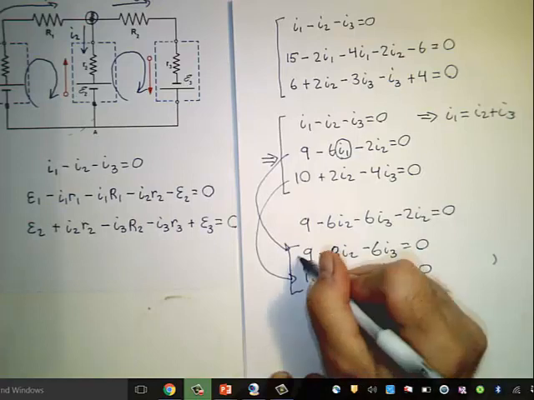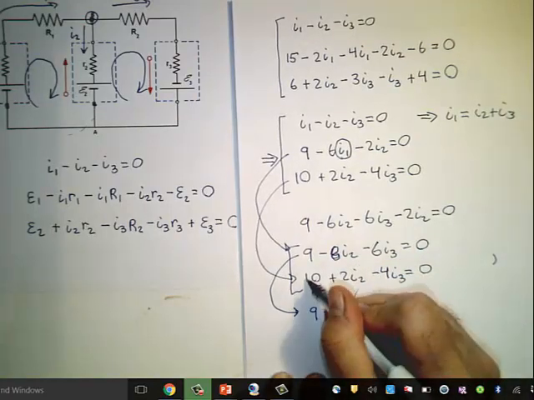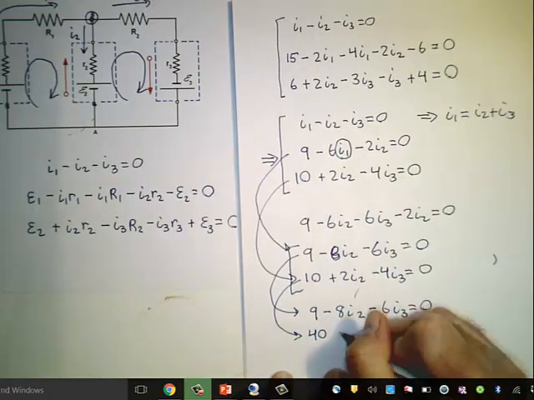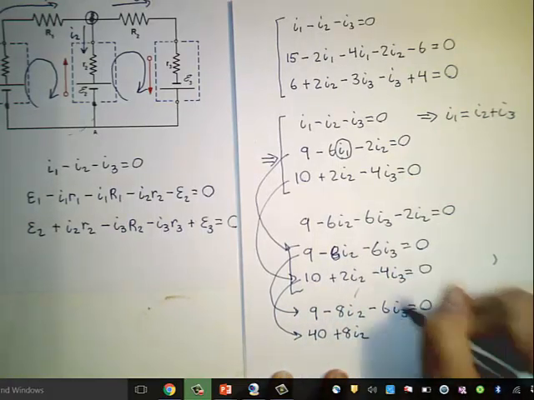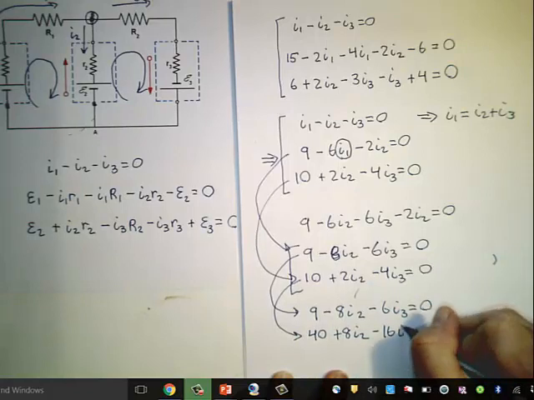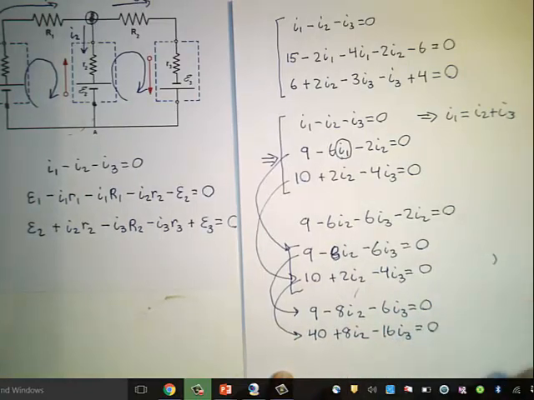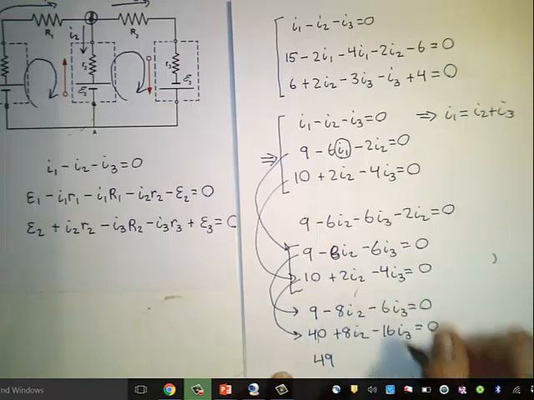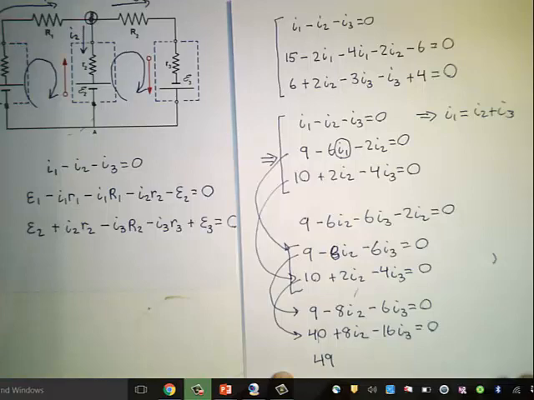This guy gets multiplied by 4, so I'm going to call this 40 plus 8I2 minus 16I3. When I do that, I've got 49. I add these 2 guys up, I get 0. Add these 2 guys up, I get 22.